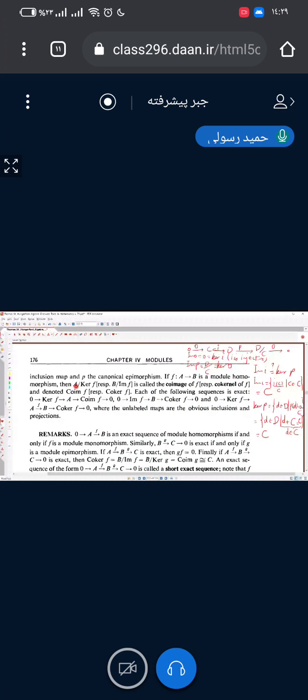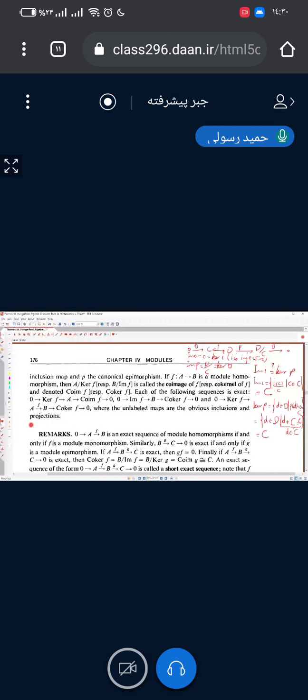Each of the following sequences is exact: 0 to kernel of F to A to co-image of F to 0, and 0 to image of F to B to co-kernel of F to 0, and kernel of F to A to B to co-kernel of F to 0, where the unlabeled maps are the obvious inclusions and projections.